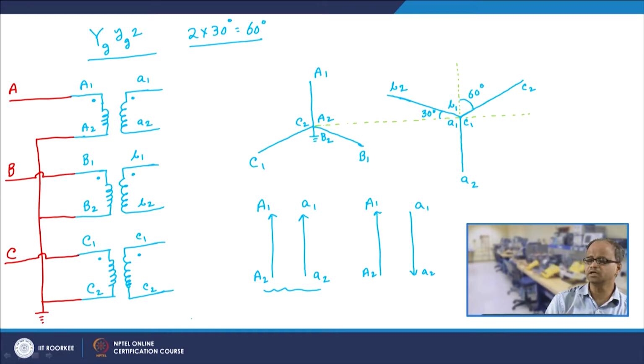So these are the markings of the different terminals. This is my phase A, this is my phase B, and this is my phase C. And of course, because this is grounded, this terminal also should be grounded.